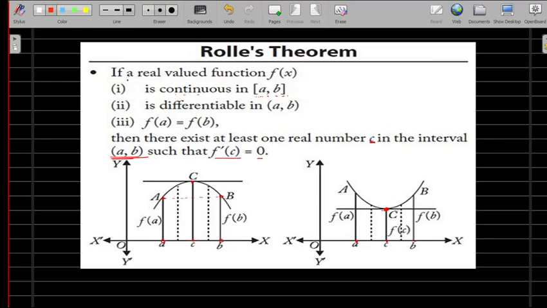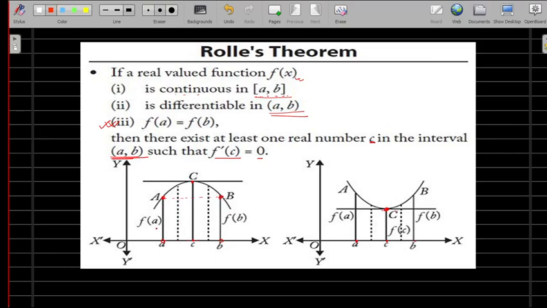Again, I want to define Rolle's theorem. It states that if a real valued function f of x is continuous in the closed interval [a, b], differentiable in the open interval (a, b), and f of a equals f of b, this is the main part of this theorem. f of a and f of b show the height, that is y.